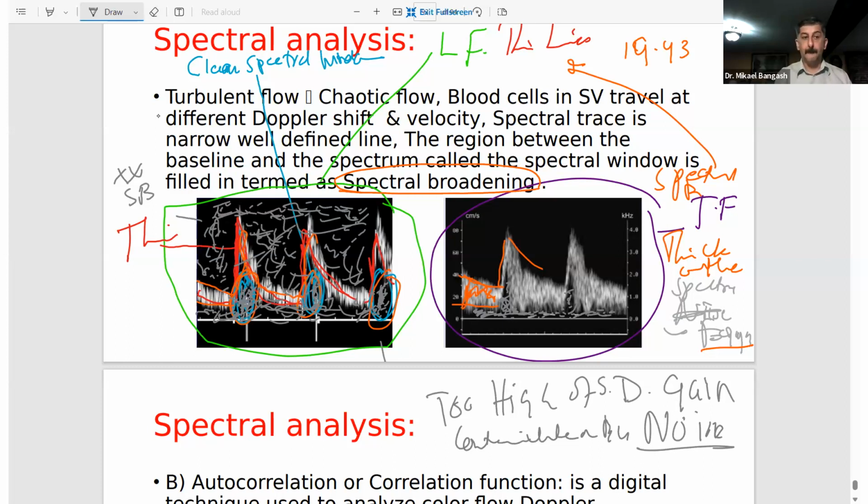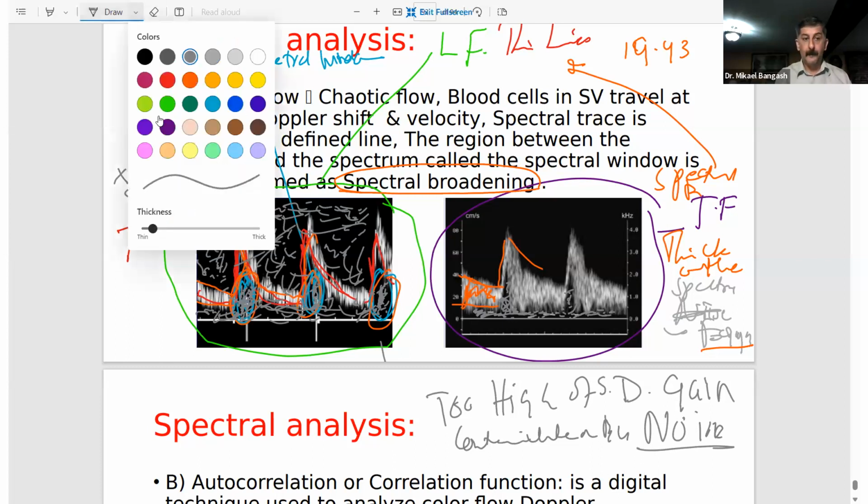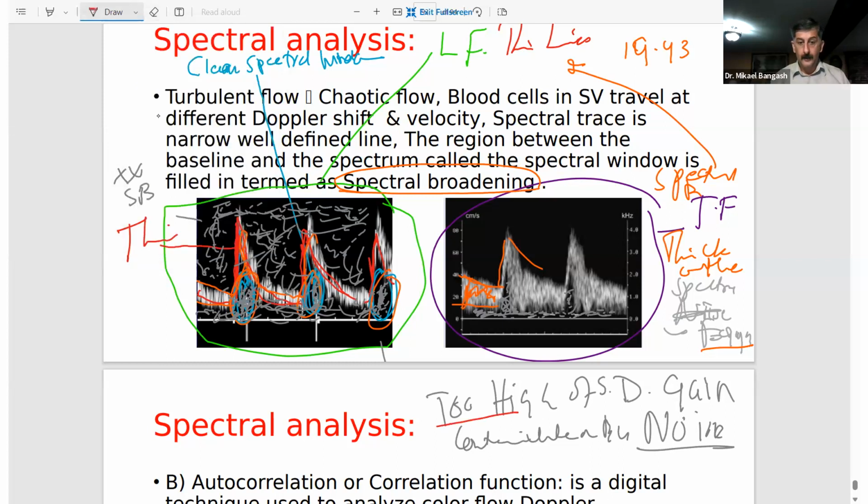Where did they come from? That too high gain of your Doppler. It means the gain of the Doppler is going to be too high amplification of the Doppler signals.